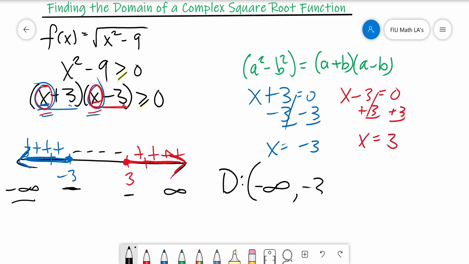We will use a hard bracket to include the negative 3, and a union, because we have another interval that we're going to combine here, and we will start from this positive 3, again a hard bracket because we're including that positive 3, and up to infinity. And this is going to be the domain of our function here, f of x equals the square root of x squared minus 9.